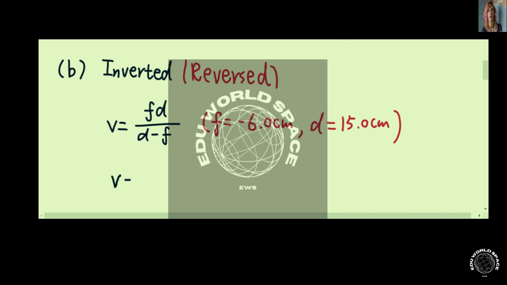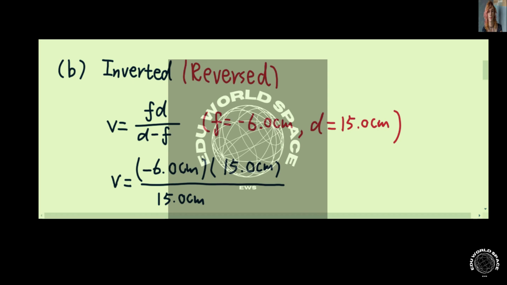So let's determine the image distance, which is equal to negative 6.0 centimeter times 15.0 centimeter, and then over 15.0 centimeter minus negative 6.0 centimeter.